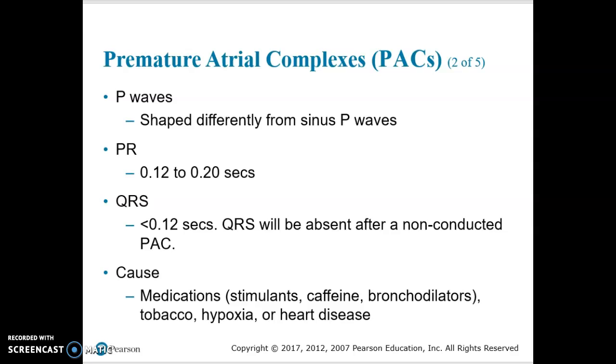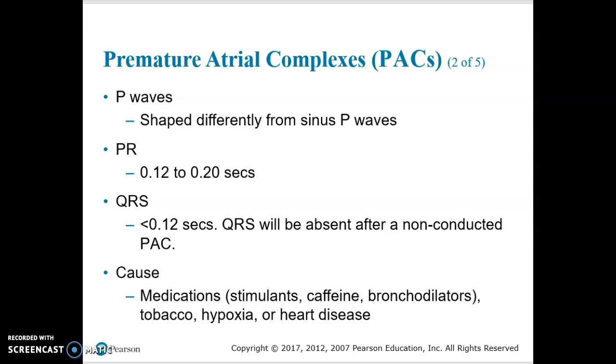The premature P wave of the PAC may be hidden in the T wave of the preceding beat. If it's hidden there, it will deform the shape of the T wave. So we need to be suspicious when the T wave suddenly changes shape. The PAC oftentimes deforms the shape of that preceding T wave.